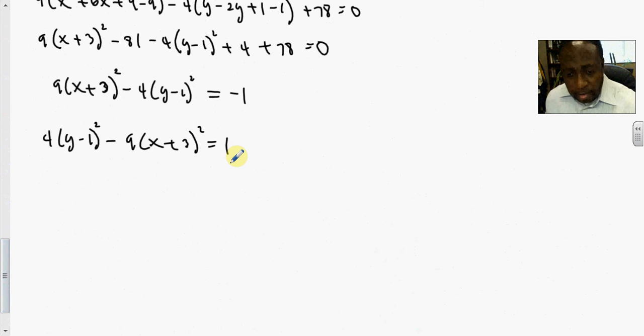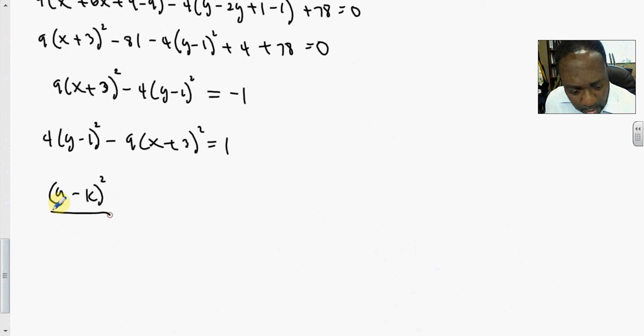I'm going to write this in the form that we like because we talk about these hyperbolas or ellipses with this type of form, y minus k to be squared over b squared.